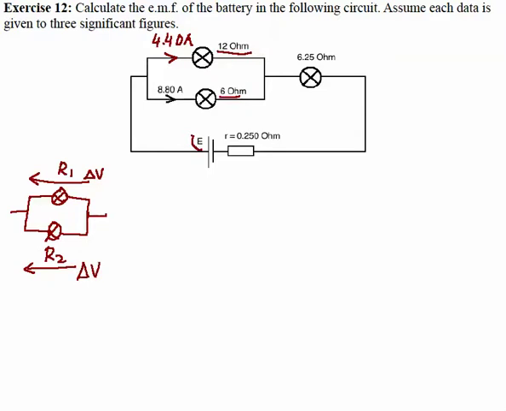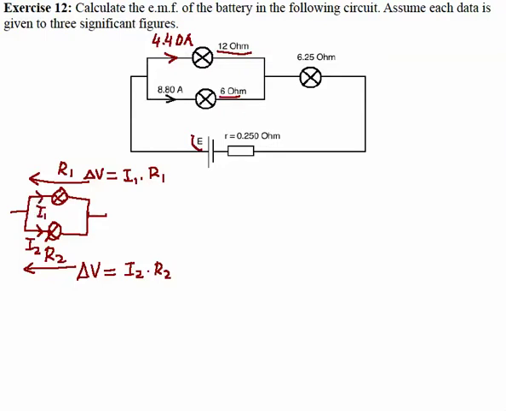This voltage is I1 times R1, and this voltage is I2 times R2, assuming that this is I2 and this is I1.